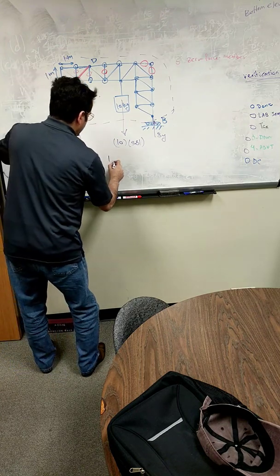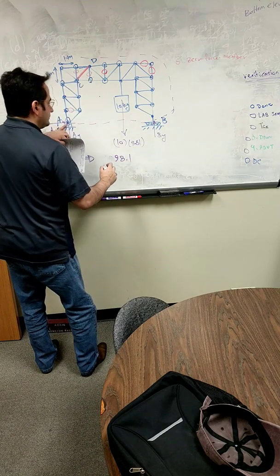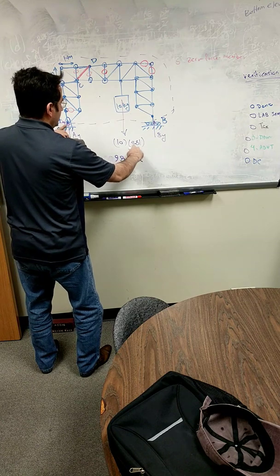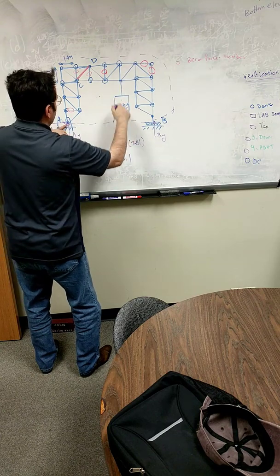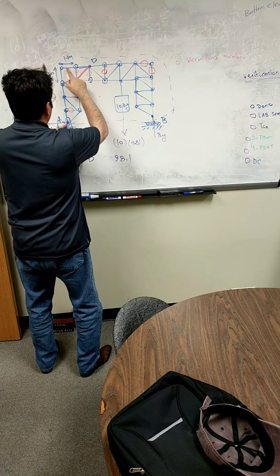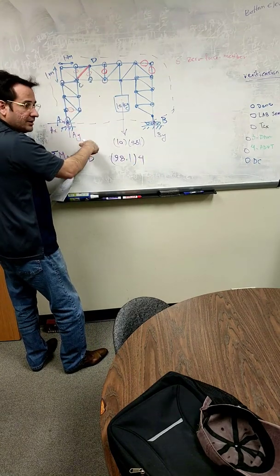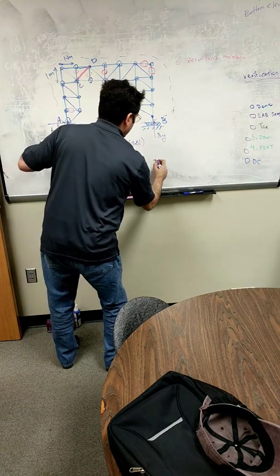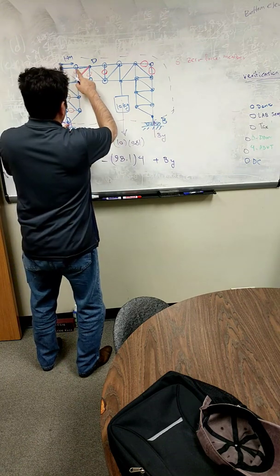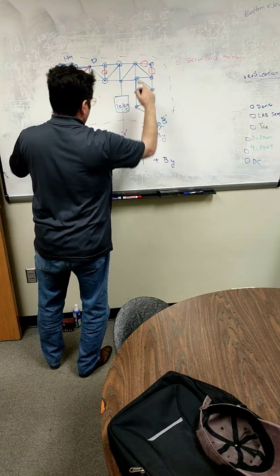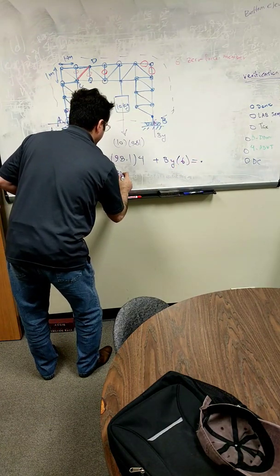Then I get 10 times 9.81, which is 98.1, times this distance from here to here. This distance is 1, 2, 3, 4. The moment is negative. Plus the moment from Vy times the distance from here to here, which is 1, 2, 3, 4, 5, 6, is equal to 0.